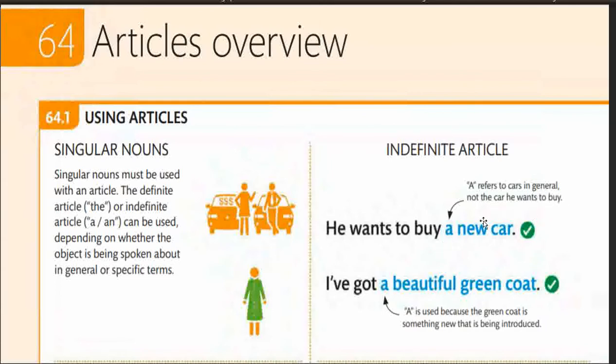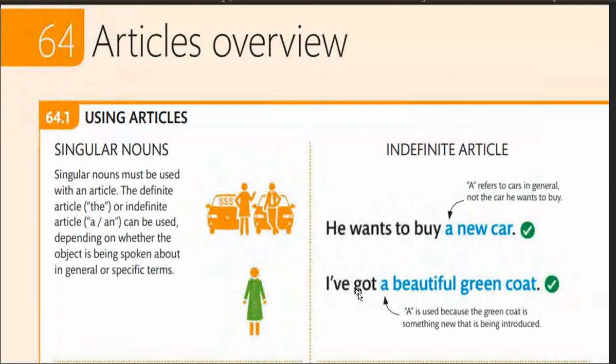So that means it is general, not a specific car that he's pointing at, a certain car in the showroom, and asking for something. He's just speaking in general that he wants to buy a car. So when it is general, you use a, provided it is countable and the first letter is a consonant, not a vowel. It should be a consonant. So then a is used.